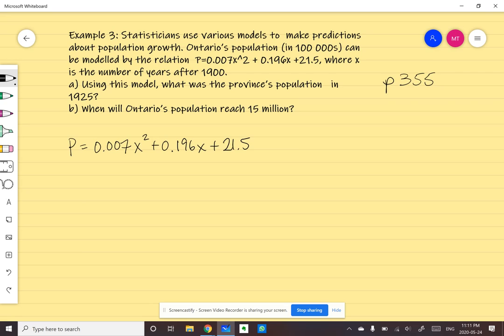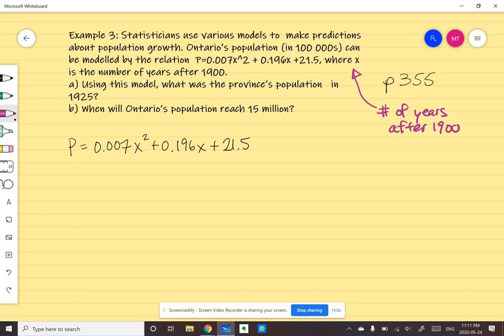So here, just making a note that x represents the number of years after 1900. So you're going to have to subtract 1900 from 1925.